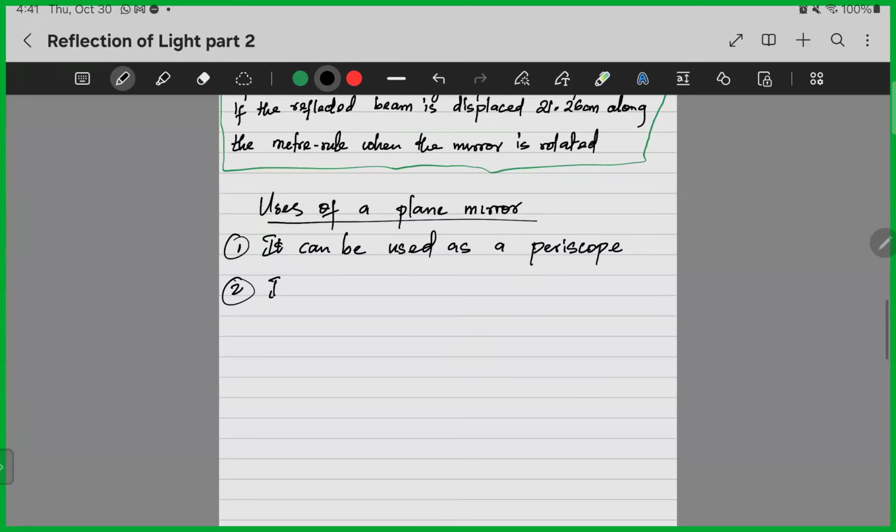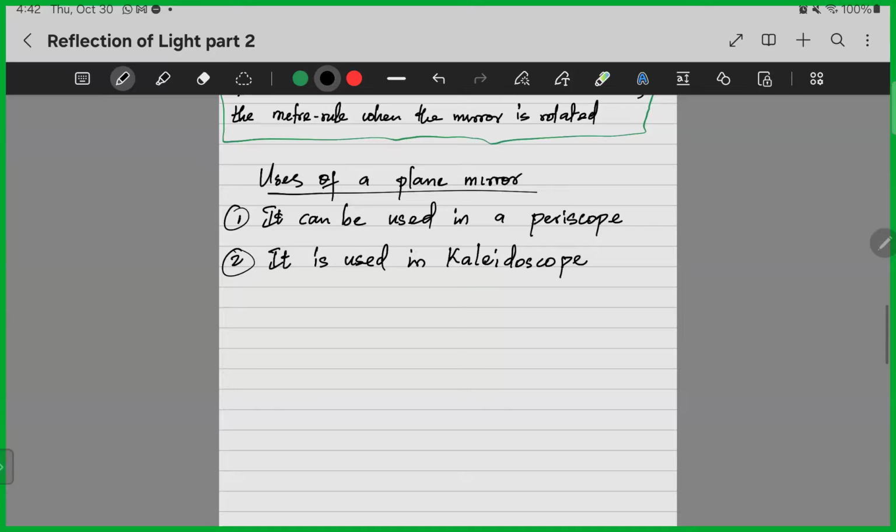Number two, it is used in a kaleidoscope too. Then it is used in a sextant. Keep that in mind.